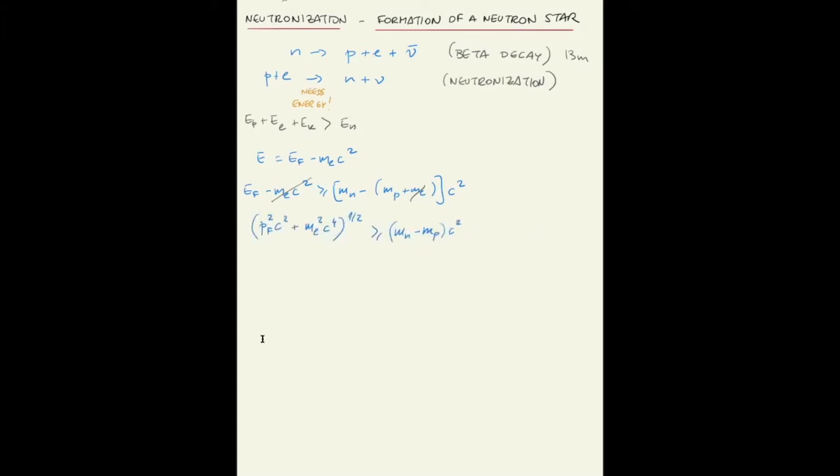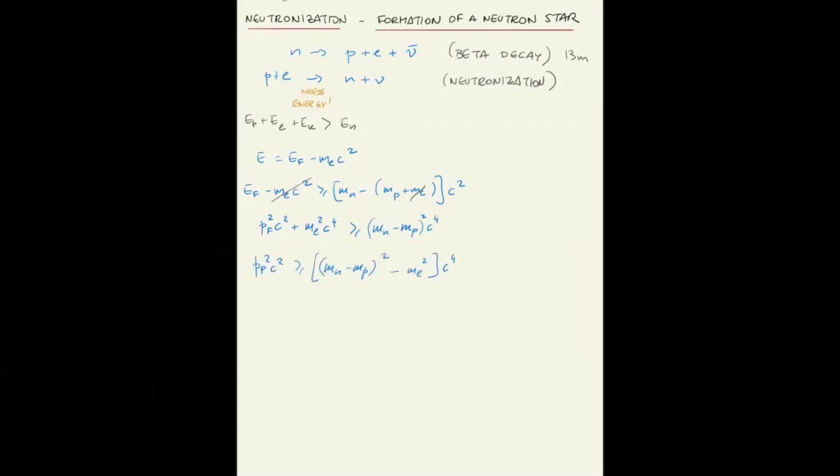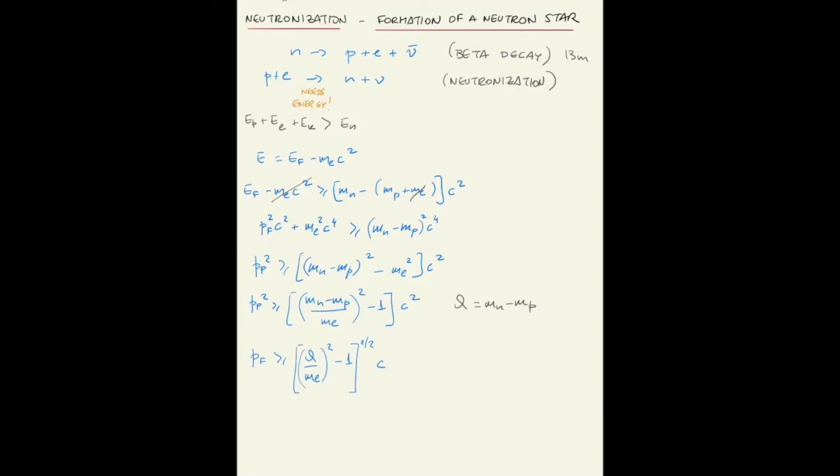And now if you square both sides, you can isolate the Fermi momentum. Remove the extra square of the speed of light on both sides. Extract the electron mass on the right-hand side. Now call the mass difference between the neutron and the proton Q, and take the square root of this expression. Oh, sorry, I was missing an electron mass in here.